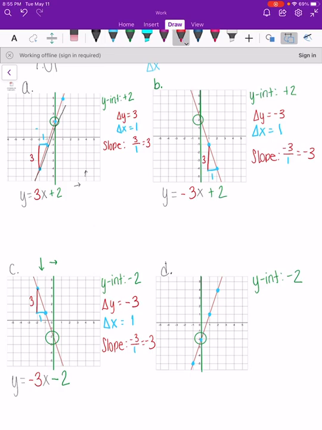I'll pick these 2 points. I'm going to start with my left point, and I'm going up this time 3. Because I'm going up 3, my change in y is +3. And I'm going to the right one.